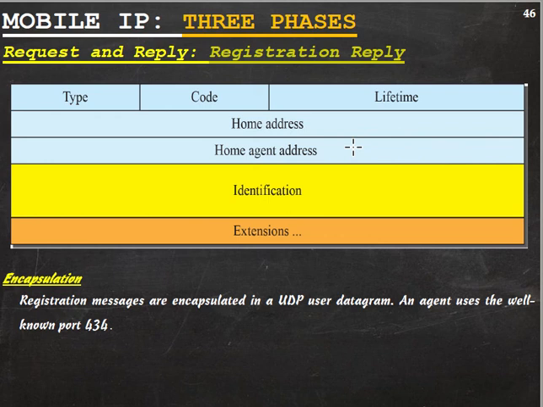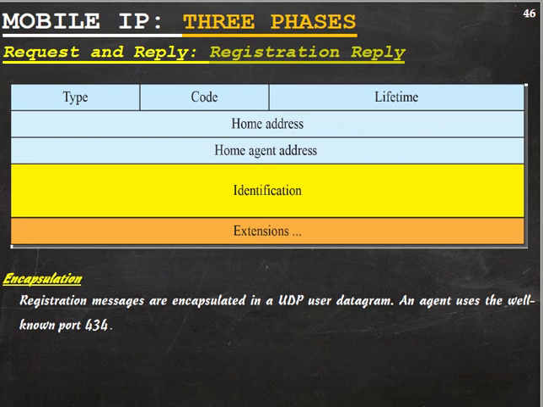The code field replaces the flag field here, and shows the result of the registration request, that is either acceptance or the denial in this particular reply. The care of address field is not needed here, so it is not used here.